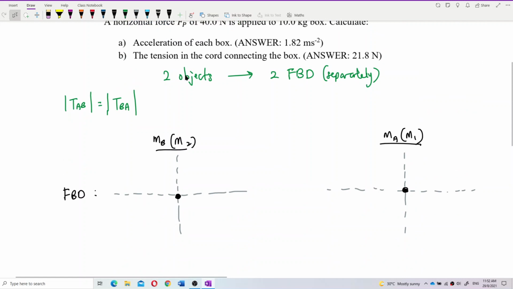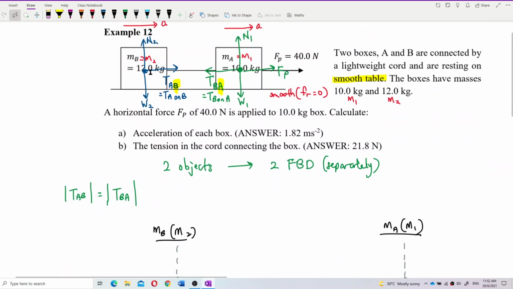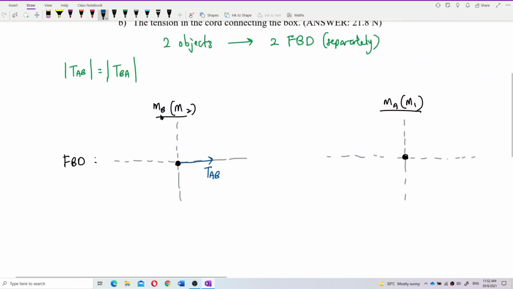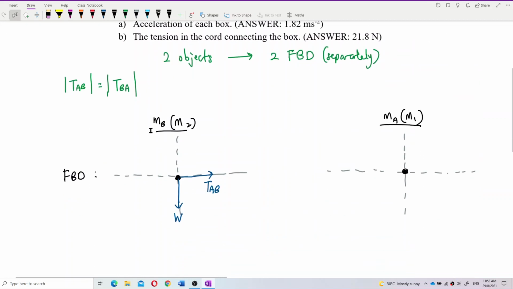So you have TAB here. Here is the weight; you can put weight B, and just follow the subscript. Yeah, so this is the weight B. And then this is the normal force.